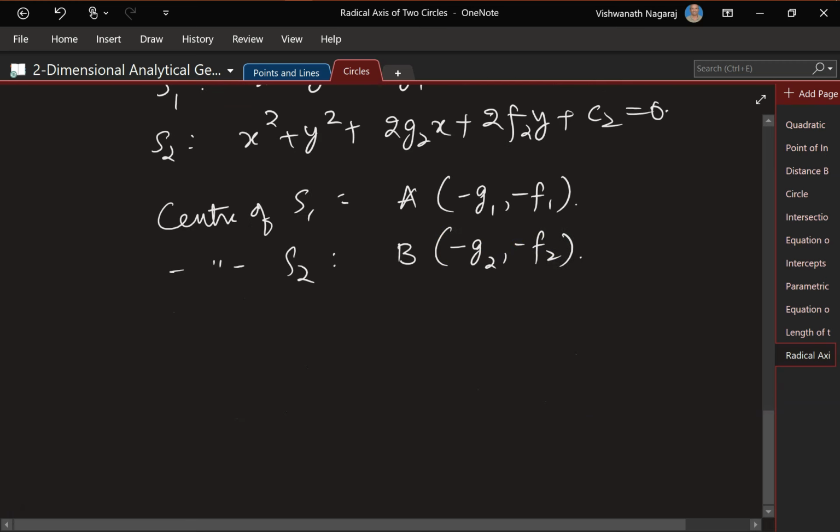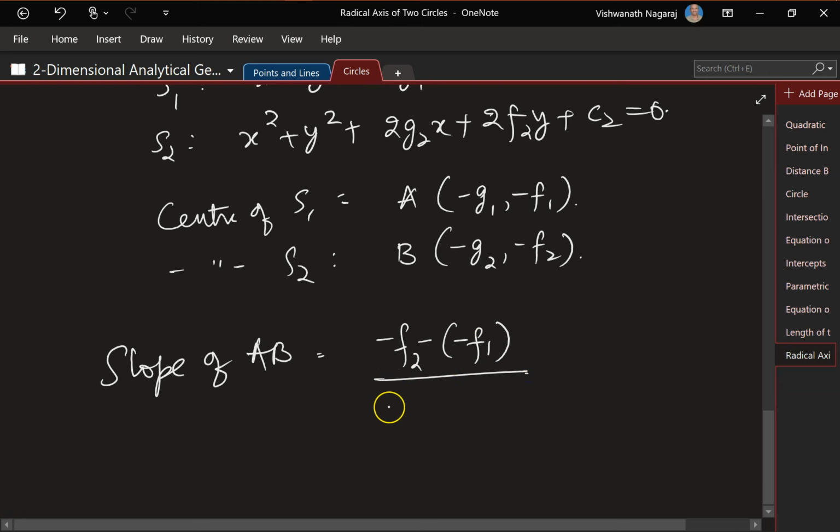Now the slope of AB would be what? The slope of AB would be minus f2 minus (minus f1) divided by minus g2 minus (minus g1).